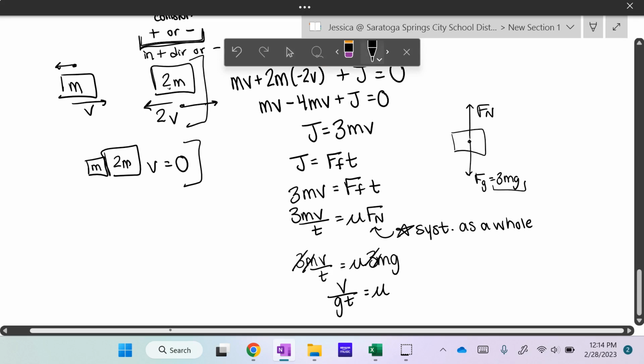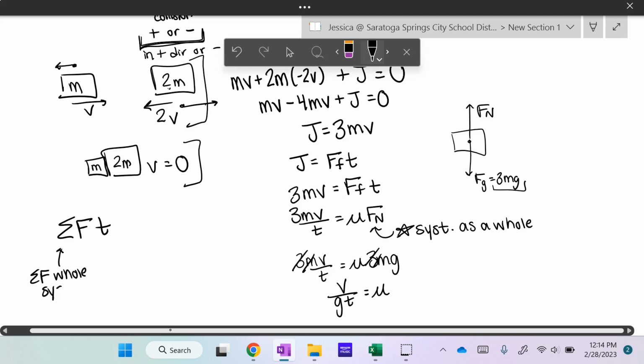Like here, it was something, and then it is 0. So here, we can think of our impulse equation as also being the net force on the whole system times the time that the collision is occurring equals the mass of the system times the change in velocity of the center of mass.